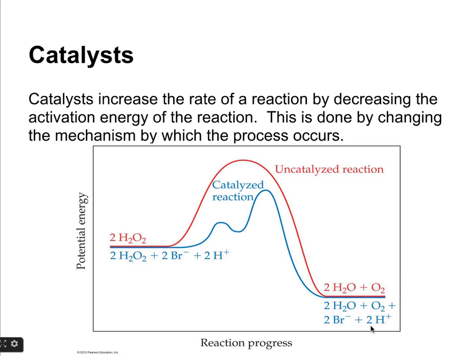So in a multi-step mechanism, a catalyst is a reactant in an early step and is produced as a product in a later step. It's the opposite of an intermediate, which is a product early on and used up again later as a reactant. Neither intermediates nor catalysts show up in the final overall reaction.